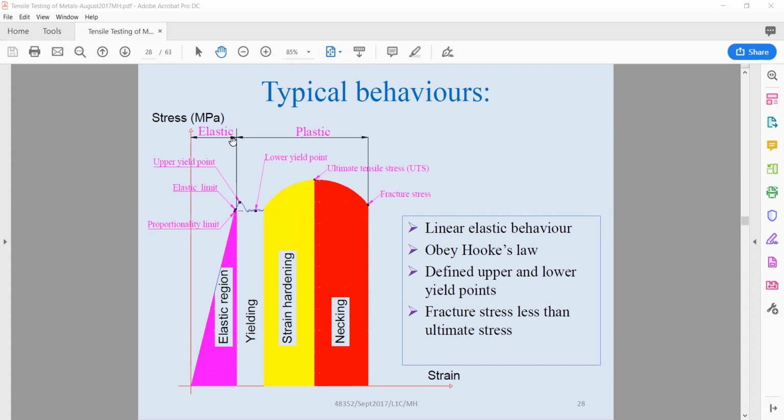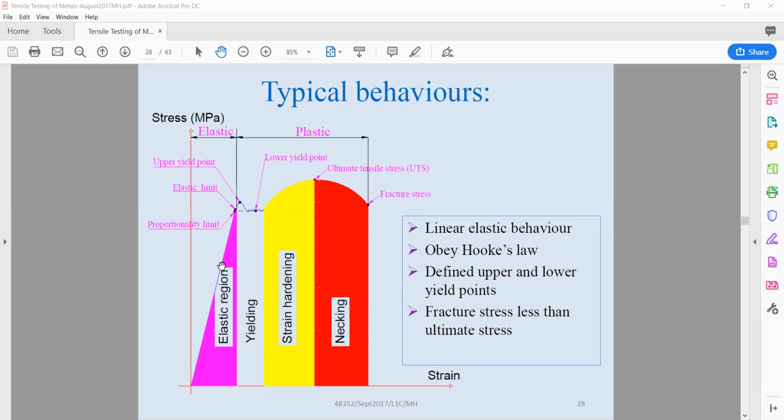This region is elastic, while this is plastic. Elastic means if you stop the test at this stage, the sample can restore its shape back. But if you stop the test at this stage, the sample will not restore its shape. It is permanently deformed.